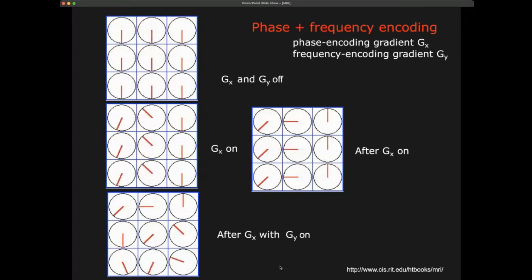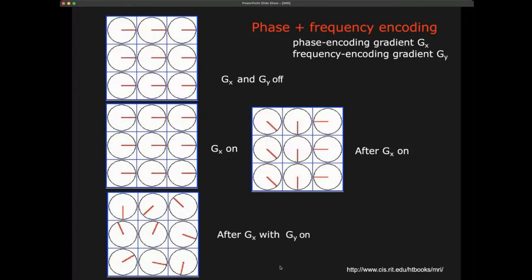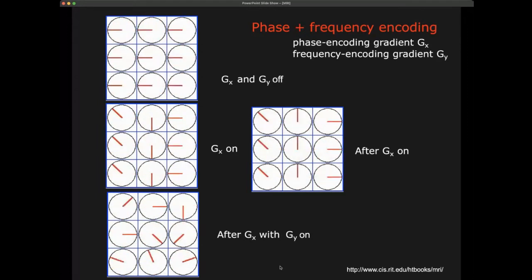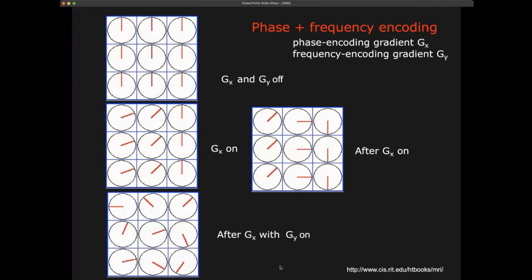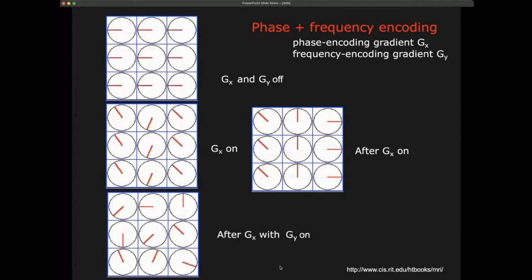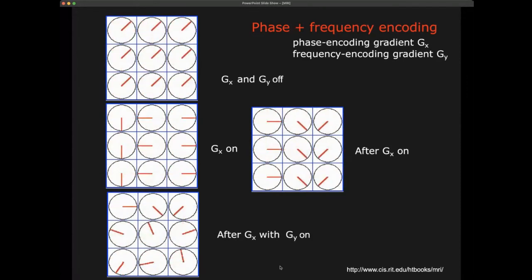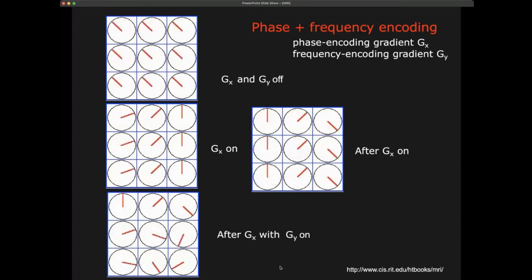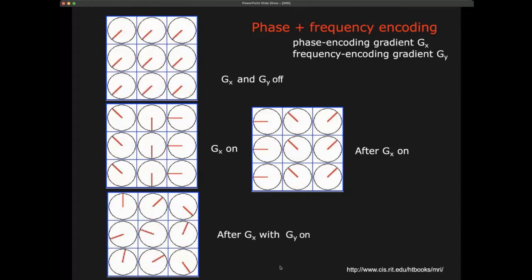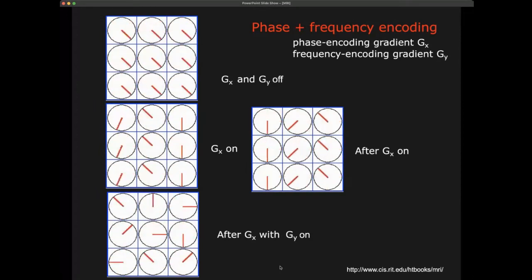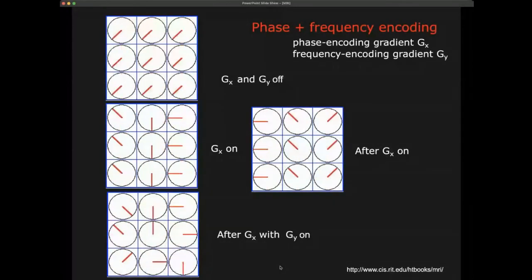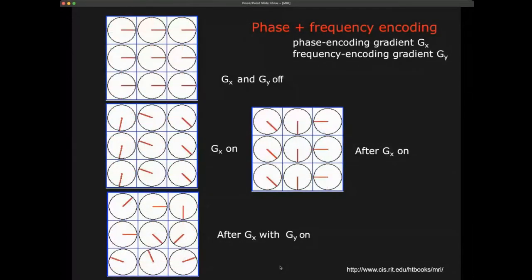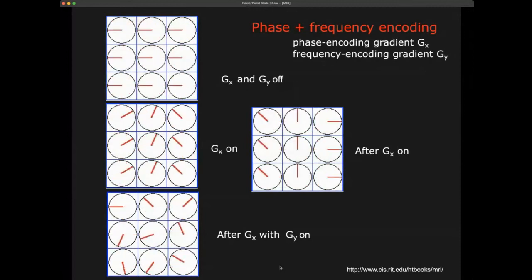Then we take off the radio frequency energy, we take off the z gradient. We then add an x gradient for a short period in order to dephase them based on their x position. And then we add a y gradient in order to change their frequency depending on the y position. And while this y gradient is on, we measure. So that's the whole principle, how we can do the measurement.